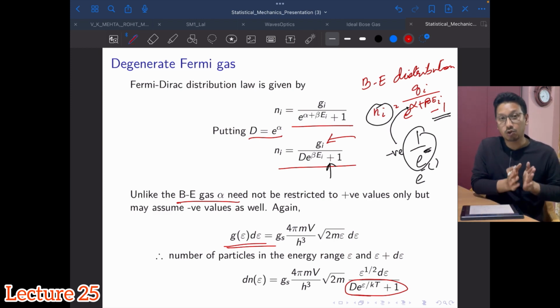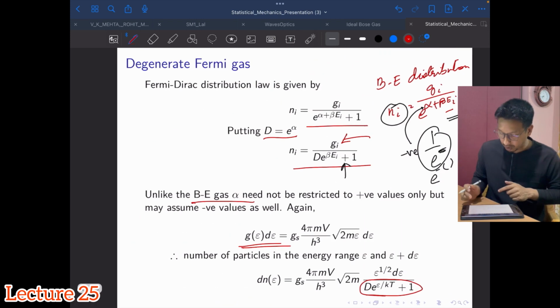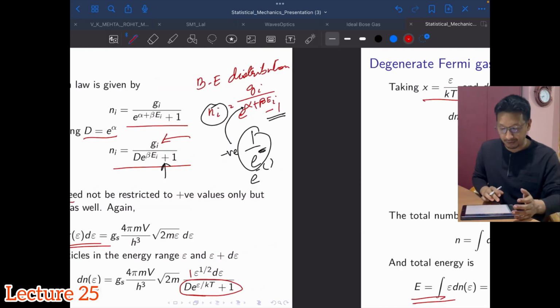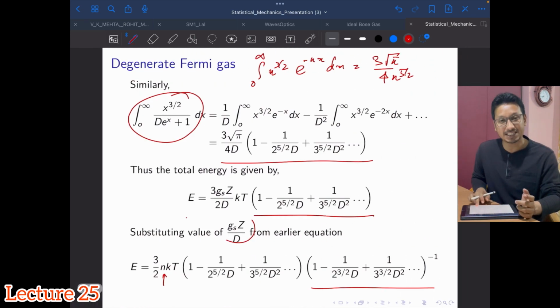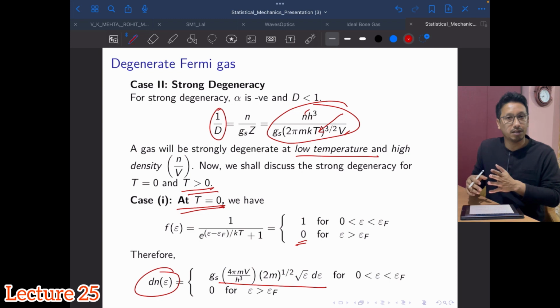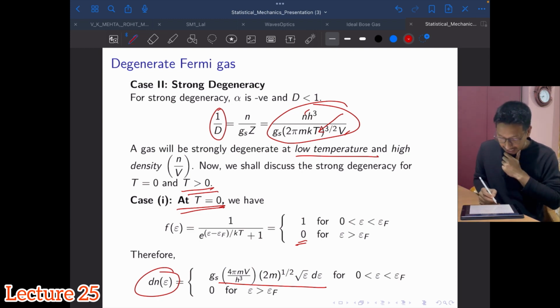I hope you can go back to the previous lecture and find the expression I'm talking about. So this distribution function is given by 1 by this, and that takes the value 1 if your energy is less than the Fermi energy, and this expression will remain. So the remaining distribution function part will be 1, and there will be no particle above this Fermi energy.